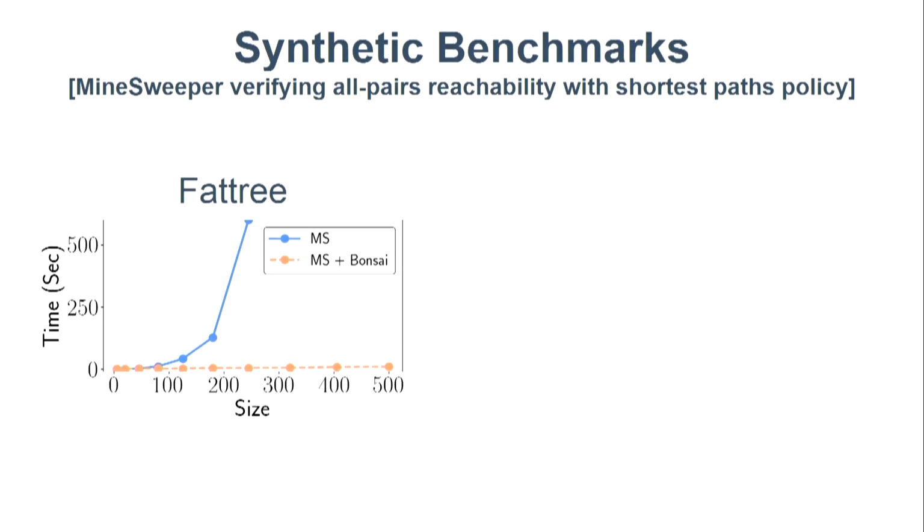The blue line has the familiar exponential curve that I showed you at the beginning of the talk, and the orange line is practically flat. The reason for this is that the synthetic network is incredibly symmetric, and in just one or two iterations, Bonsai always identifies the same abstraction, which is very, very small.